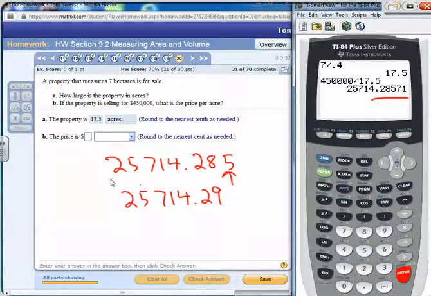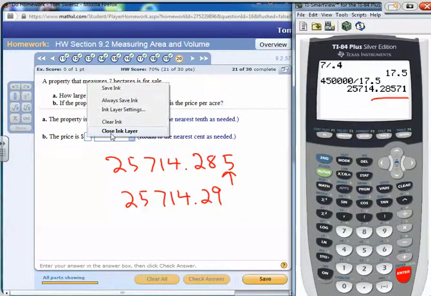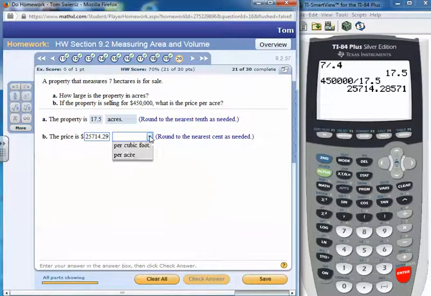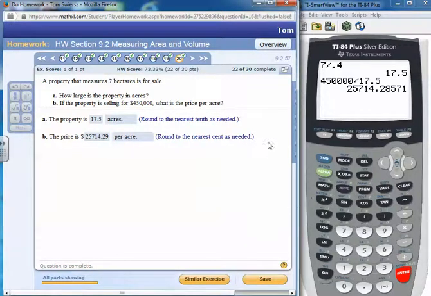Okay? $25,714.29 per, remember, acres. We converted to acres in part A. Very good.